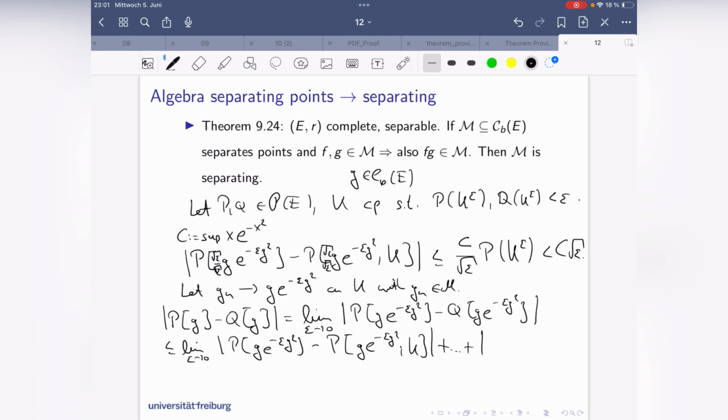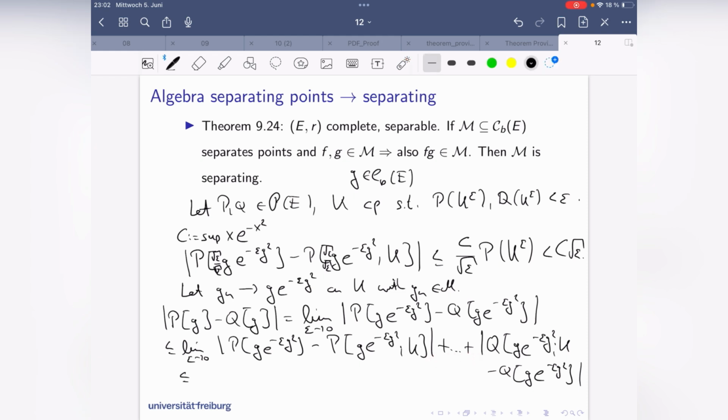And then I end up with q g e to the minus epsilon g square on k minus q of g e to the minus epsilon g square. Like this here. Here I have a bunch of zeros, as explained.